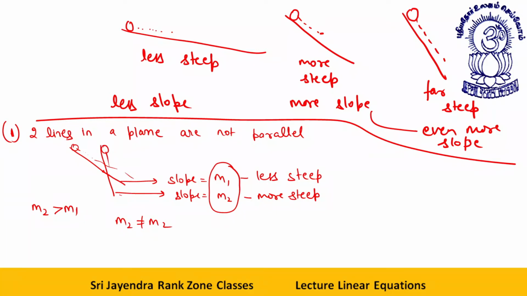So m2 is greater than m1, I can say m2 is not equal to m1, or m1 is not equal to m2. Why? Because they have different slopes. So when m1 and m2 do not have the same slope, the slope of the first line is not equal to the slope of the second line.